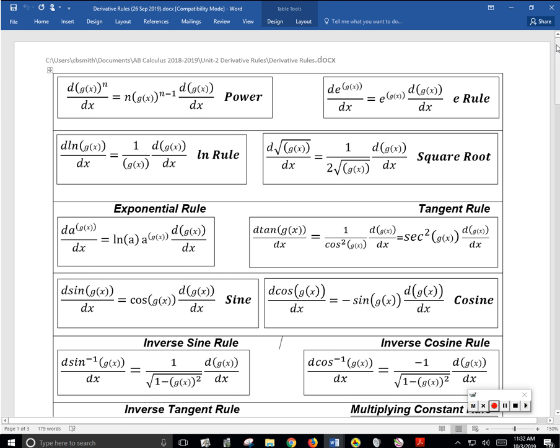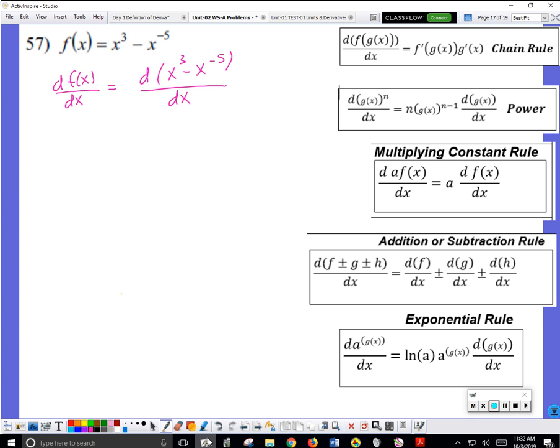d dx. Raise your hand when you can see the rule that fits. Talk to each other.